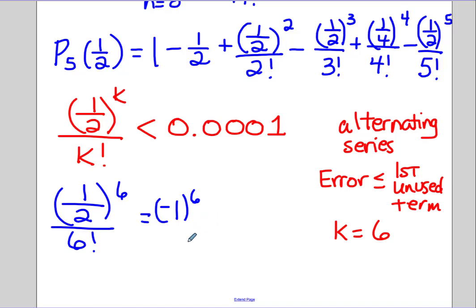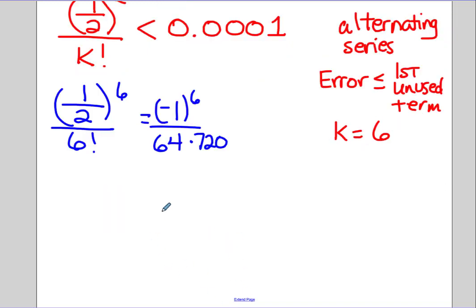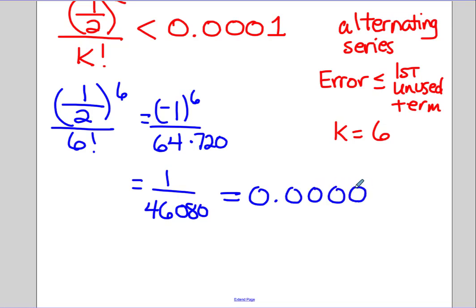And 1/2 to the 6th power would be 1 over 64. And 6 factorial would be 720. So we would be looking at positive 1 divided by 46,080. And on our calculator, that's 4 zeros and 2170. So it is definitely accurate to 4 decimal places.